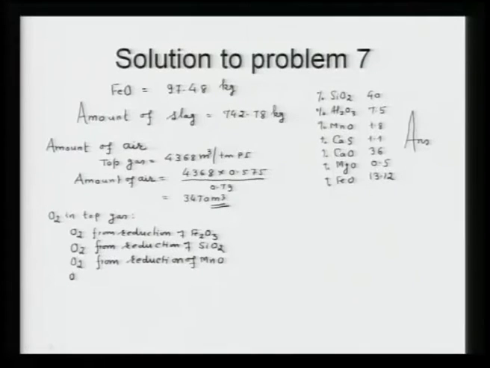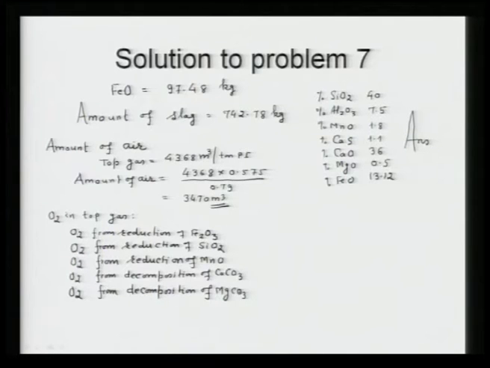So, O2 from decomposition of CaCO3 as well as O2 from decomposition of MgCO3. So, this is the sources from where oxygen is entering into the system.